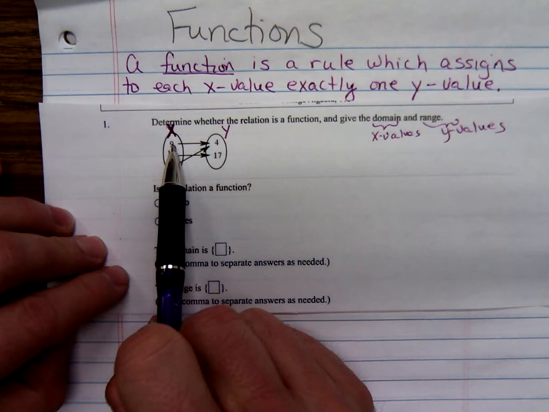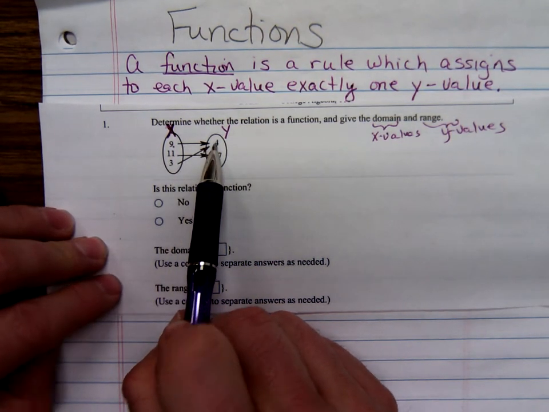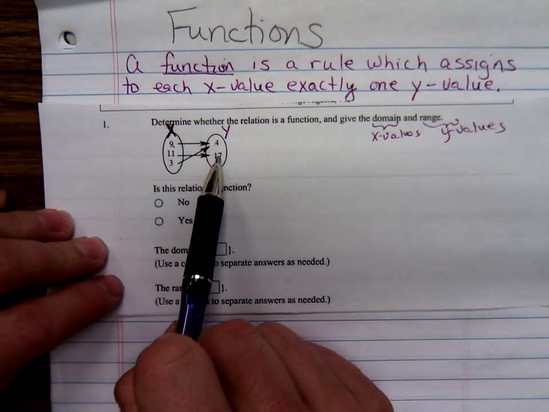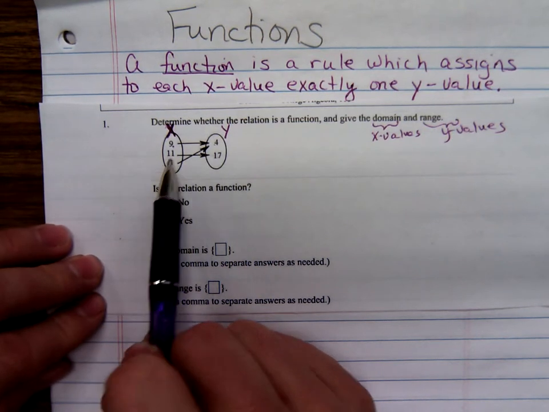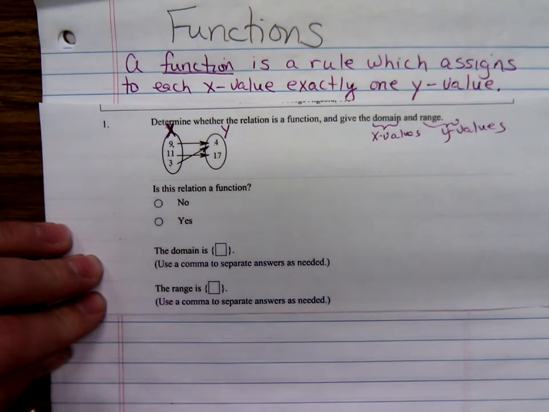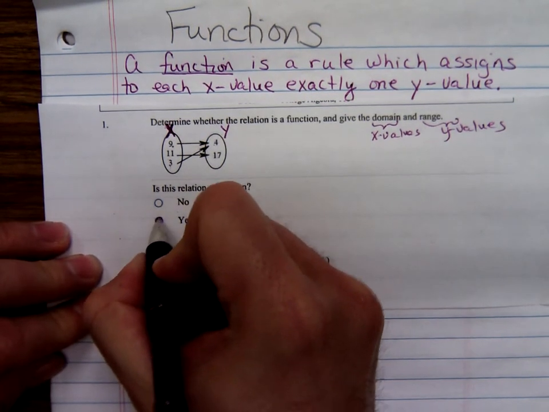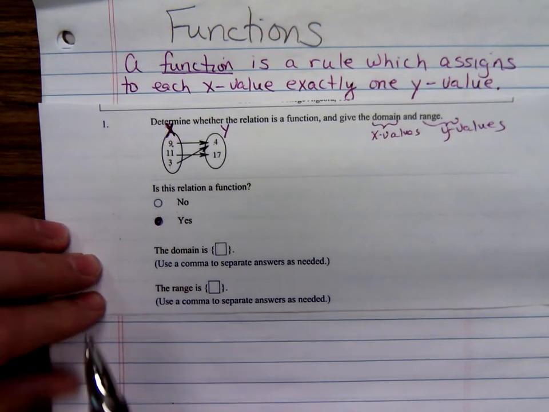How many different y values is it being assigned? Only one. What about the number 11? It has only one y value. What about the number 3? Just one. So is this a function? What are we going to say? Yes, it's a function. Each x value is getting only one y value.